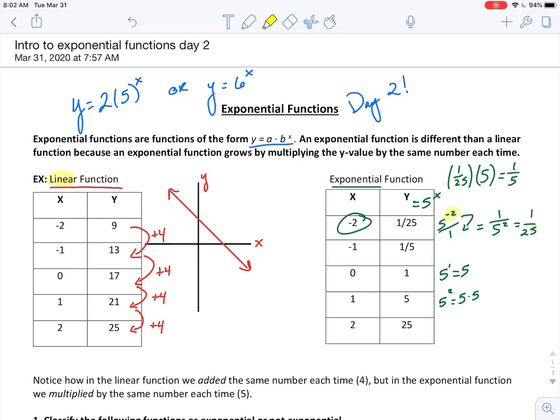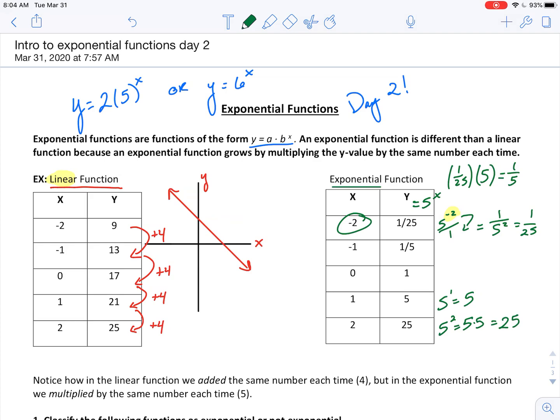Or we could say 5 to the first equals 5. 5 to the second equals 5 times 5. So you can see here we just multiplied by 5 again. I'm sorry, I put that in the wrong spot. 5 to the first is 5. 5 to the second is 5 times 5.